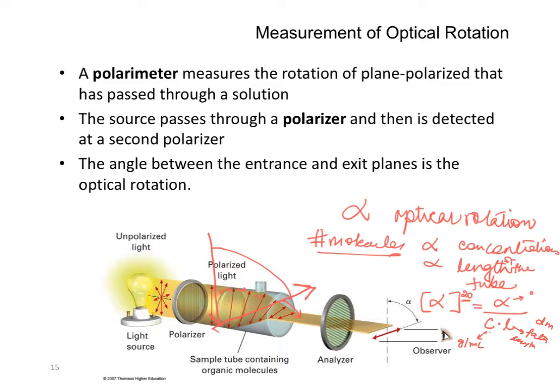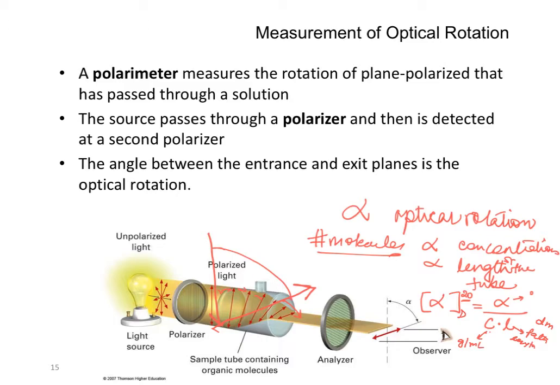Your measurements in one part of the world are comparable to the measurements in another part of the world. A lot of times you would see this written down with a subscript of D, which is essentially for the so-called sodium D line, which is the yellow light which is emitted by the common street lamps which contain sodium in there. So yeah, that's the setup for the polarimeter.